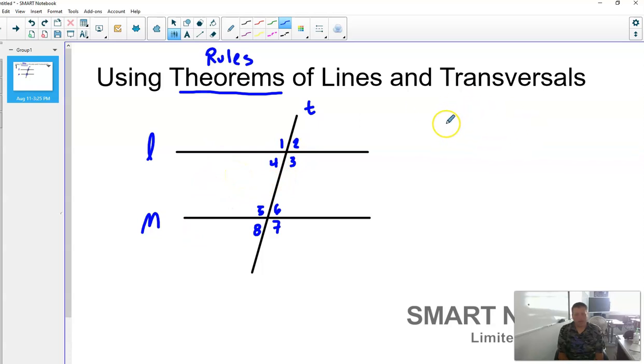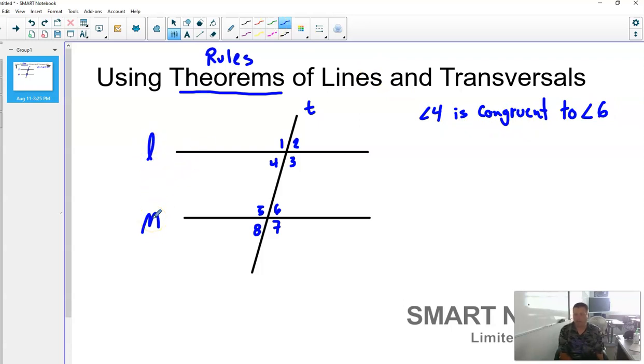Okay, so it's the right information. So let's say we had angle 4 is congruent to angle 6. Is that enough information to say yes, L and M are parallel?